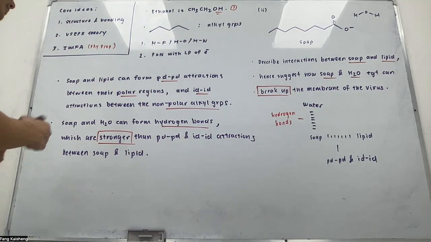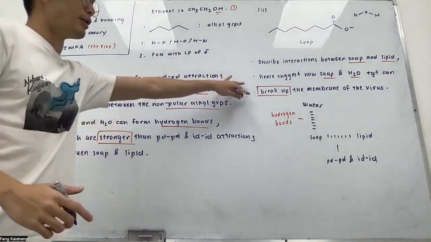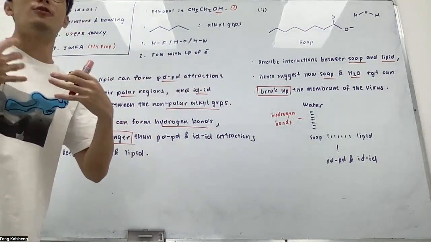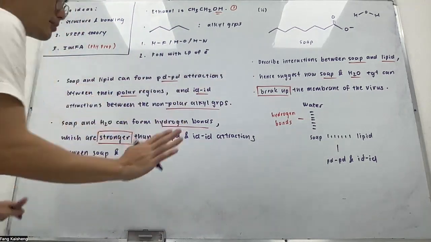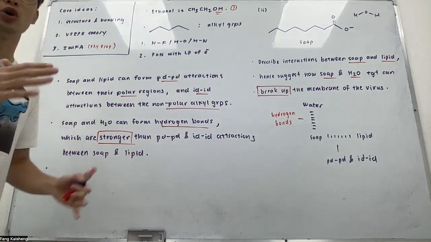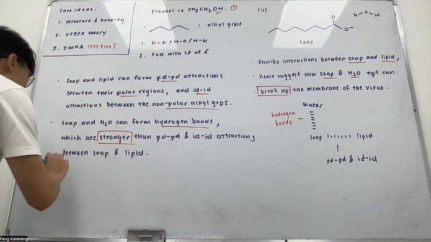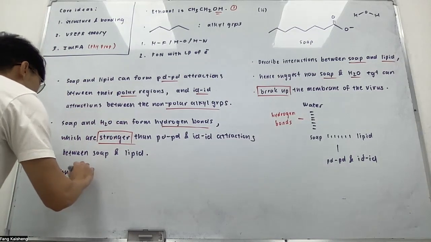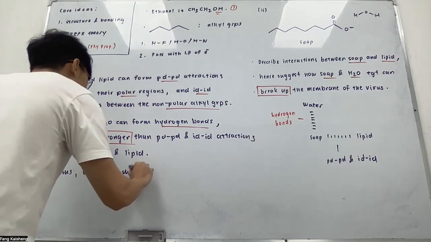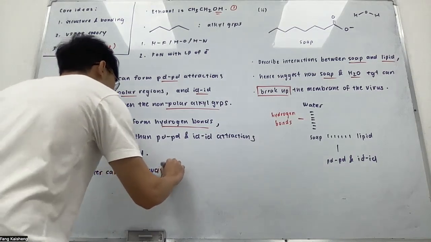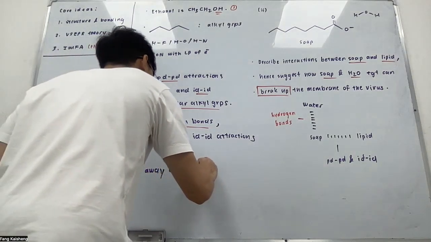Now the third point is really very contextual. So you try to phrase your own answer yourself. How this works out doesn't have to be strictly the same as mine. As long as it makes some sense, it's open-ended, they'll give you the mark. So you can say water is able to wash away and break apart the membrane.